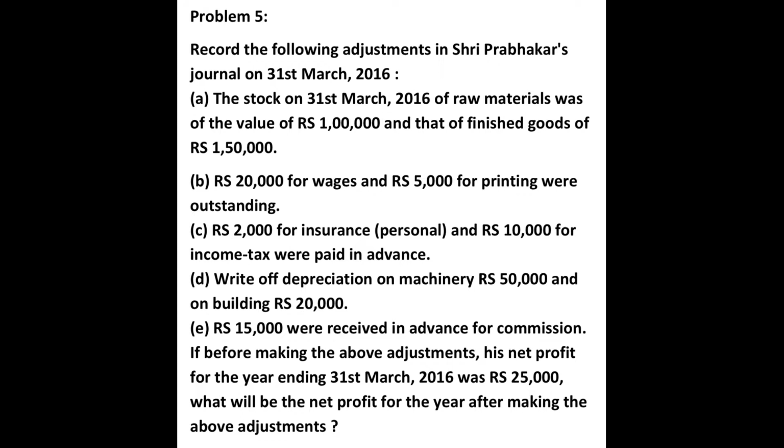D. Right of depreciation on machinery 50,000 rupees and on buildings 20,000 rupees. E. 15,000 were received in advance for commission. If before making the above adjustments, his net profit for the year ending 31st March 2016 was 25,000 rupees, what will be the net profit for the year after making the above adjustments?